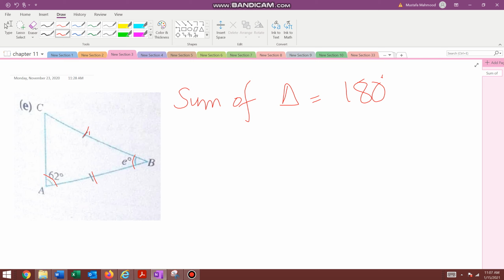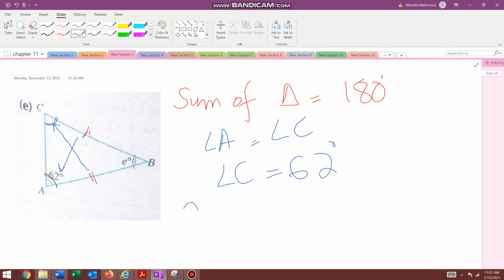And how are base angles determined? The ones that are opposite to the equal sides. So this angle is opposite to that side, and the other angle, this is opposite to that side. So now angle A and angle C, they are base angles. So they are both equal to each other, meaning angle C is also equal to 62 degrees.